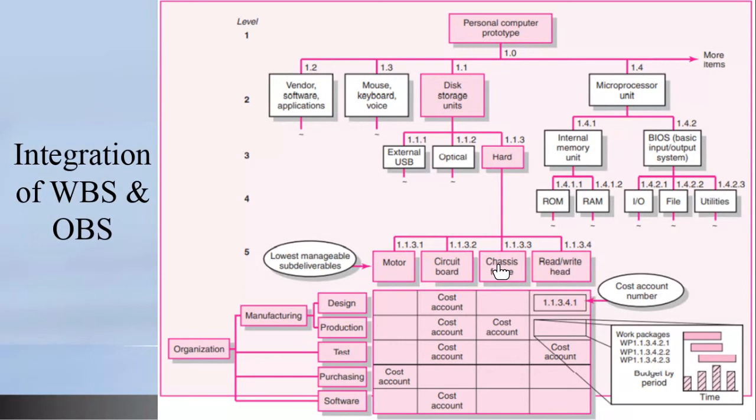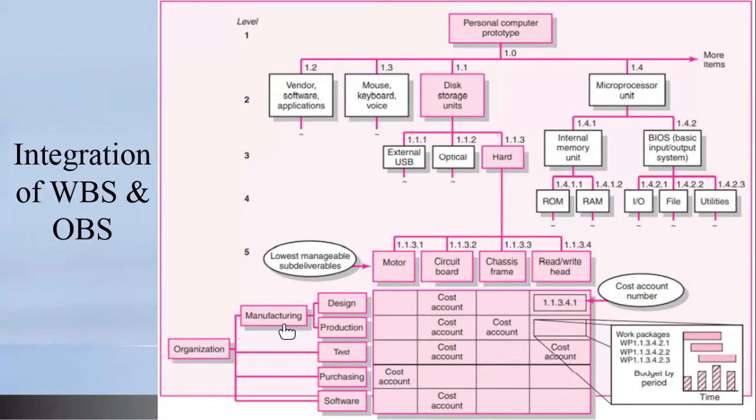Now, what we need to do is to indicate for each work package who is responsible. So we can do an organizational breakdown structure. So let's look now. Look at the bottom left-hand side of the screen. We have the org chart, the organizational chart. And for the organizational chart, for those that are going to be participating, we have the manufacturing department.